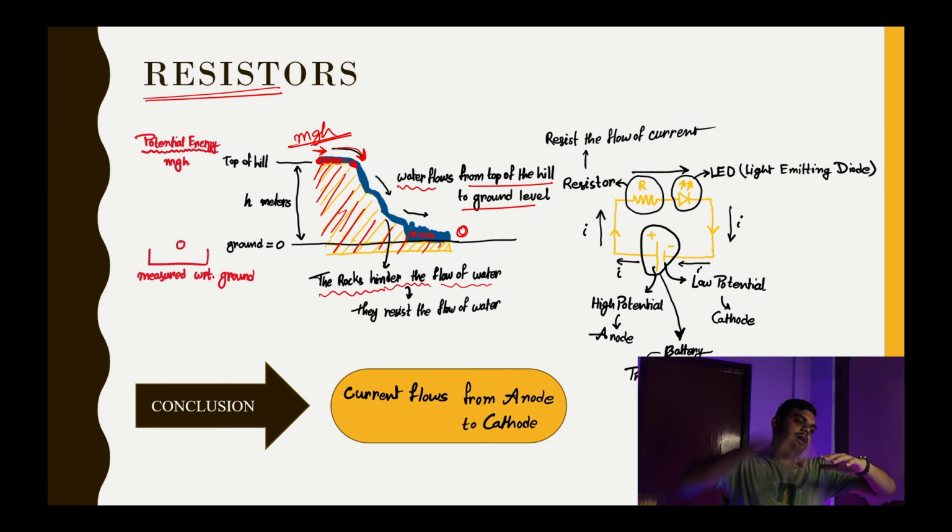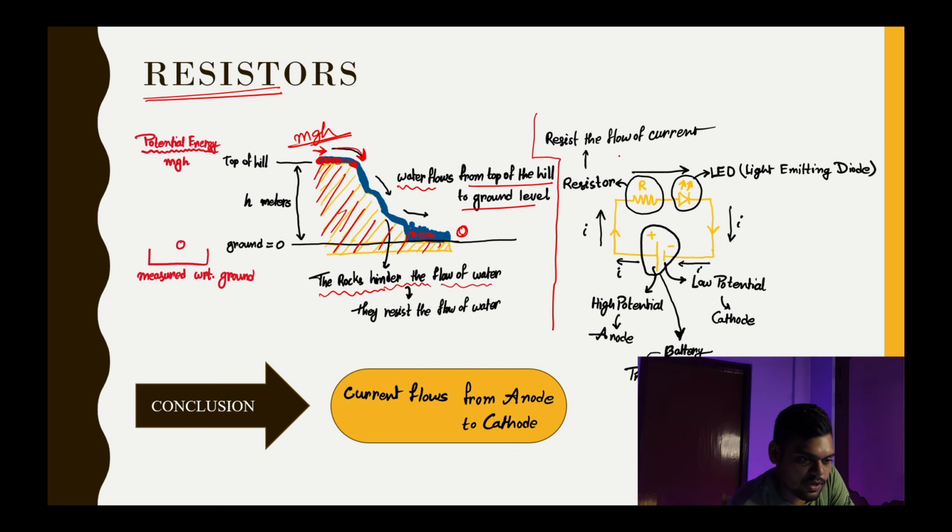What will happen? Water molecules will try to flow down the ramp and will bump into those rocks, and the rocks will hinder the water flow, isn't it? The rocks will try to resist the water flow. So it's working as a resistor. You get it? So let's move to the circuit part.